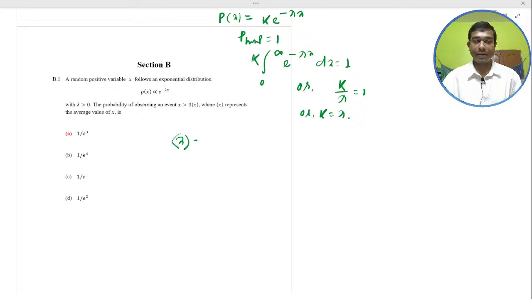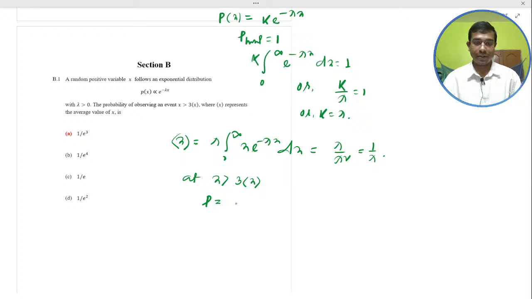So now x average is lambda times integral 0 to infinity of x e to the power minus lambda x dx, that is lambda by lambda square, 1 by lambda. The probability of observing an event at x greater than 3 times average x, this is what?